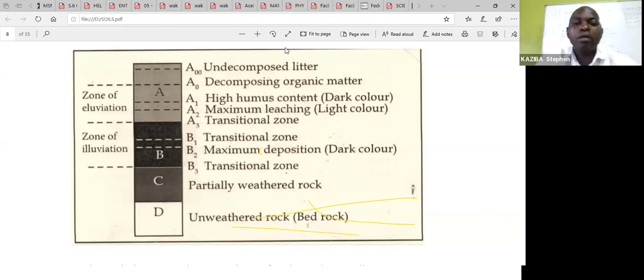Okay. Thank you. Let me begin with the map extract. You look at the map extract and you look at the features that are there. You look at the drainage, the swamps, the water bodies, and you study the contours to see whether there are mountains.